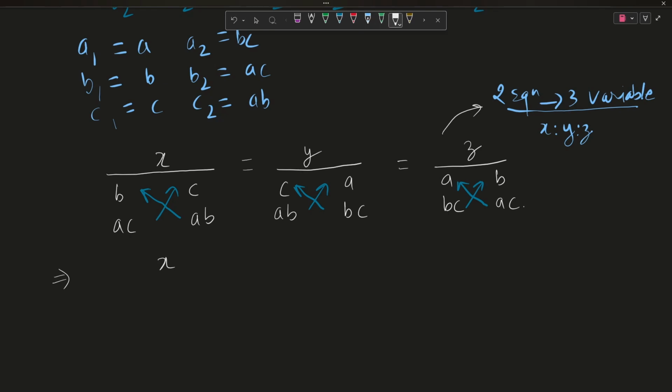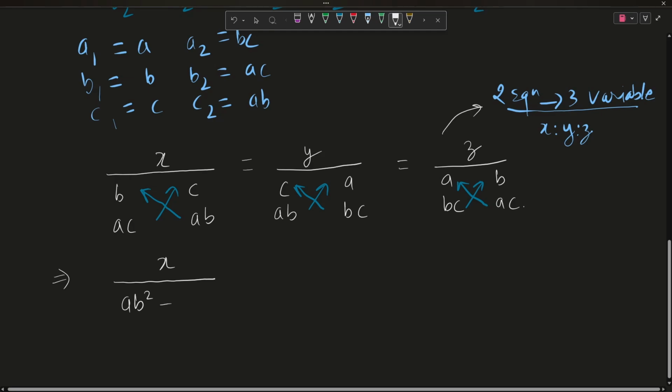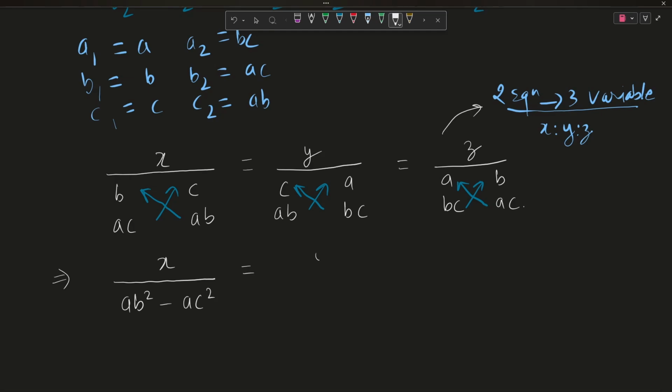Now for x, I can say it becomes a b square minus a c square is equal to y upon, it becomes b c square minus b a square, and for z it becomes a square c minus b square c.